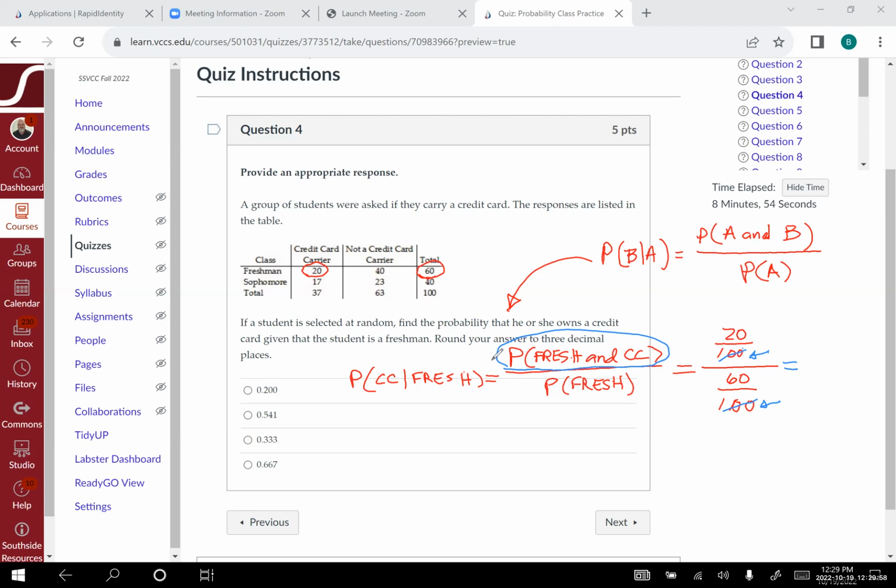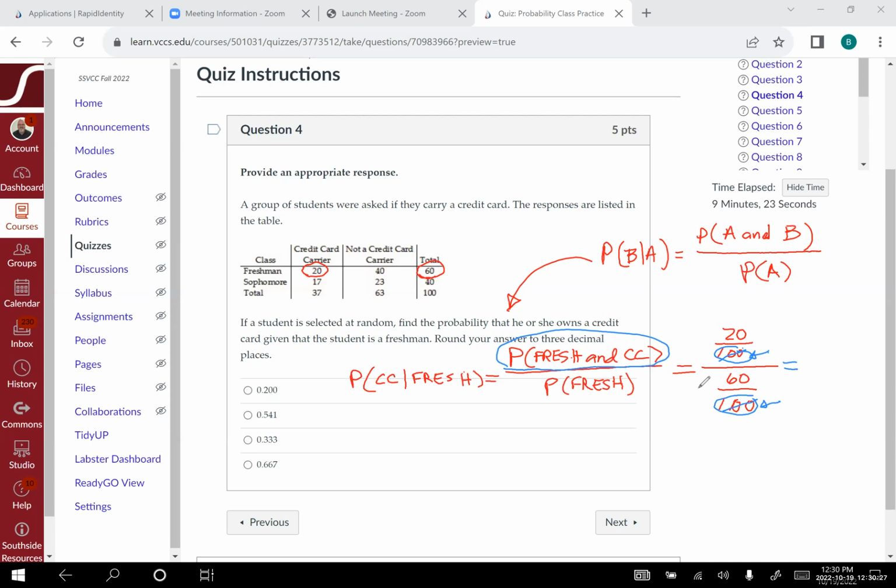So to be accurate mathematically, the probability of being a freshman and having a credit card is 20 over 100. The shorthand, we'll do a couple like this, but you're going to notice as we do them that these denominators are always the same. So they're always going to cancel out. And so we'll skip past them, but it's not great mathematically.